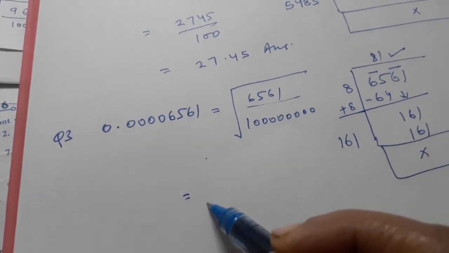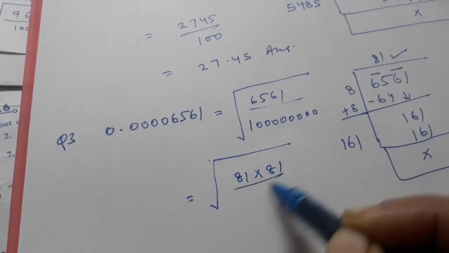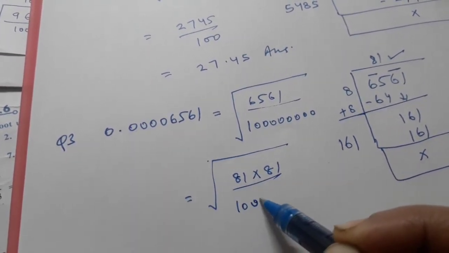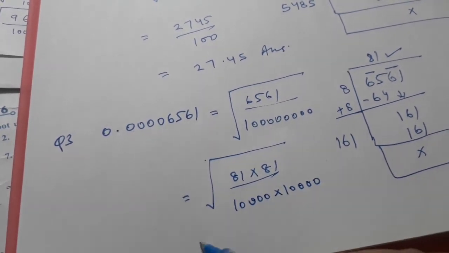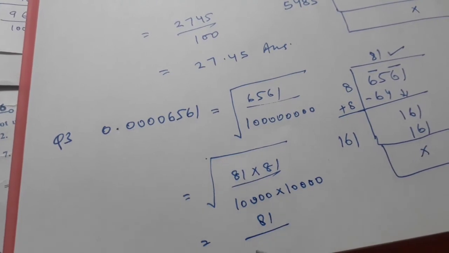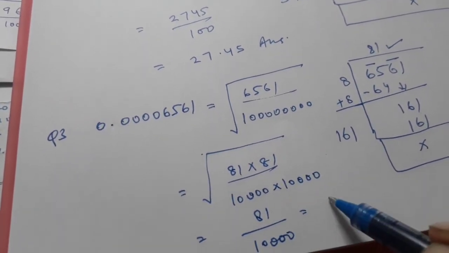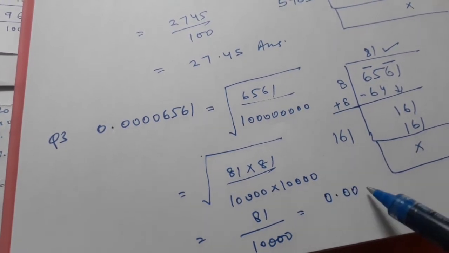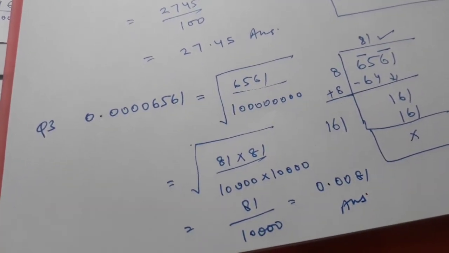So we can write it like 81 into 81 and 10,000 into 10,000. So 81 by 10,000 can be written as 0.0081, which is our answer of question number 3.